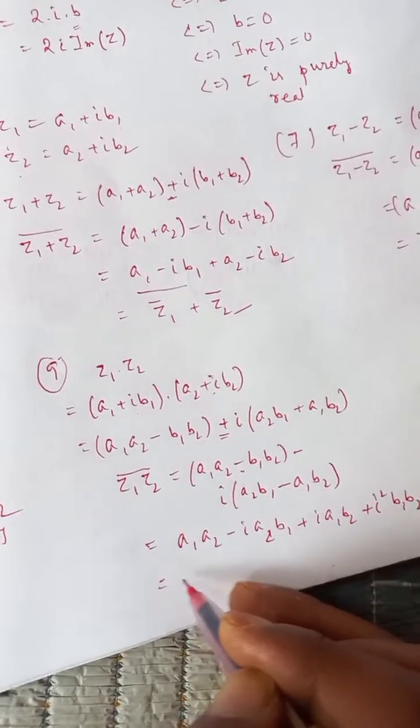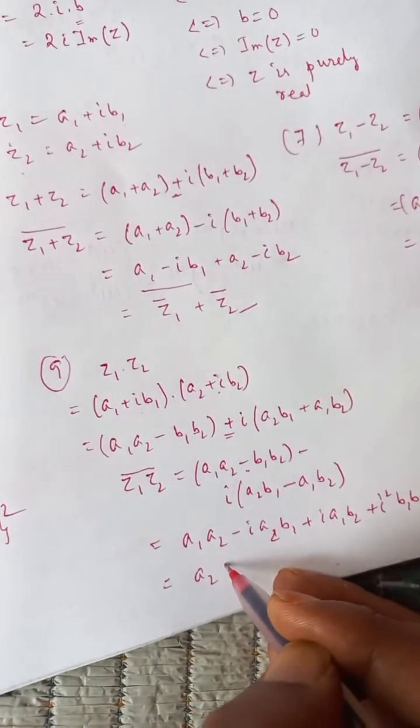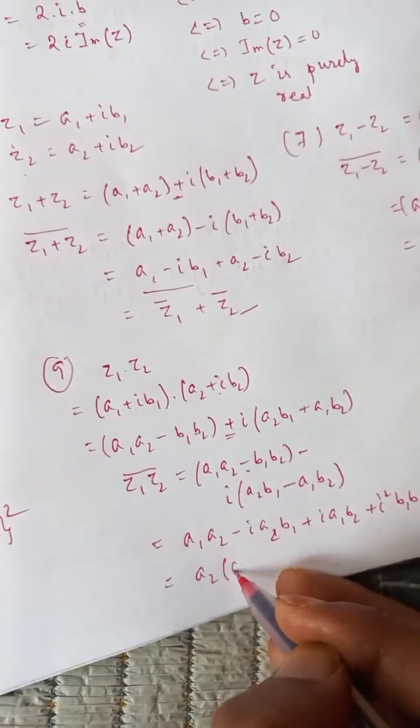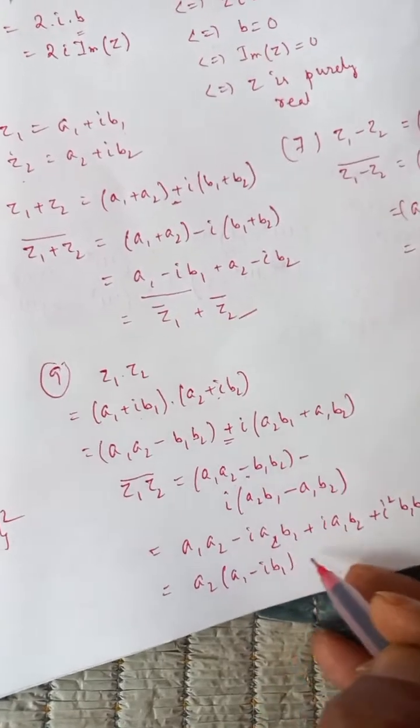If we take common a1 a2 here, then under bracket it will be a1 minus iota b1, and here iota b2 common.